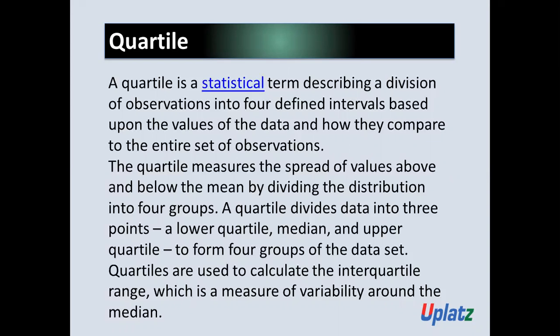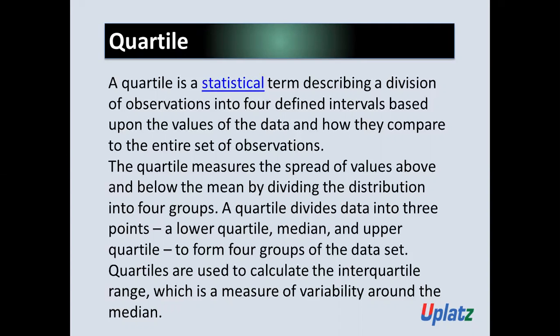A quartile divides the data into 3 points: a lower quartile, median, and upper quartile to form 4 groups of the data set. Quartiles are used to calculate the interquartile range, which is a measure of variability around the median.